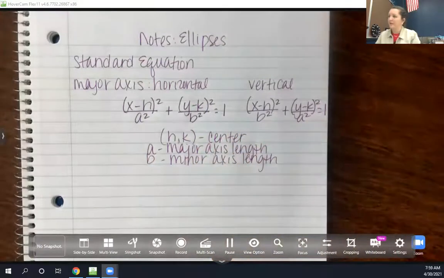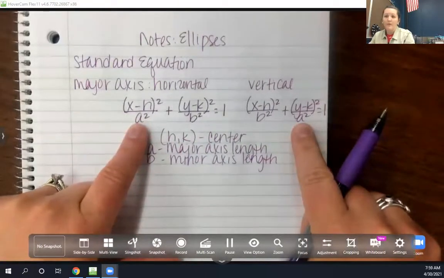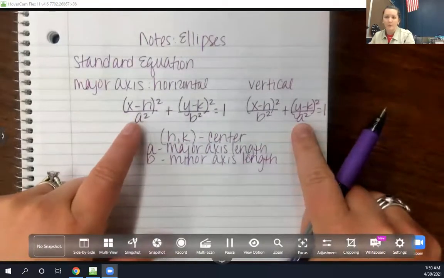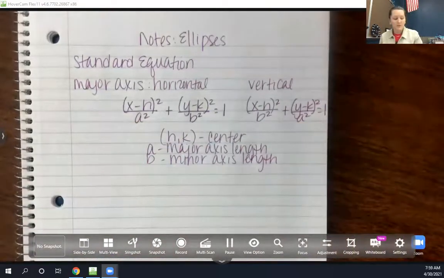Depending on where your a is, that tells you in the equation what type of ellipse it is, whether it's a horizontal ellipse or a vertical. So let's go ahead and look at these. Did we talk about focus yet? Nope, we didn't.